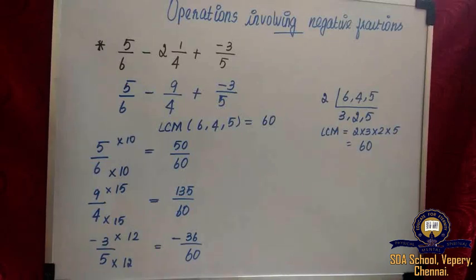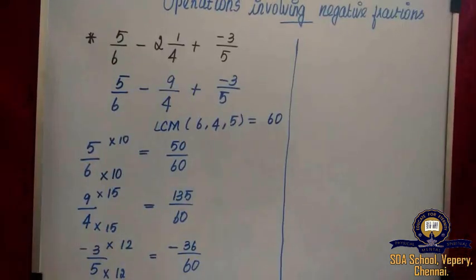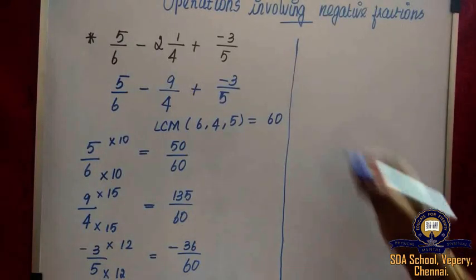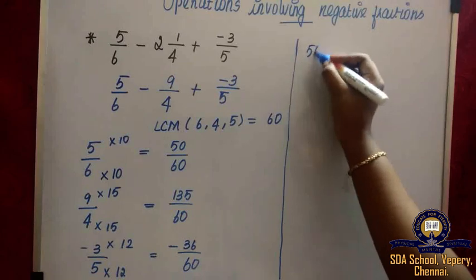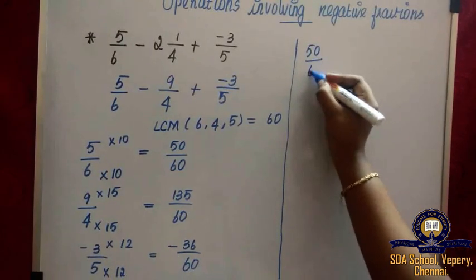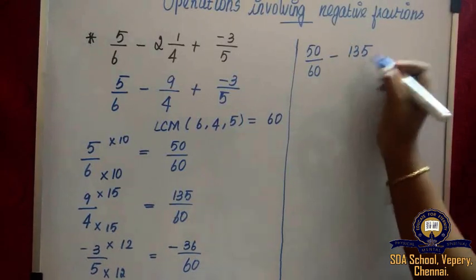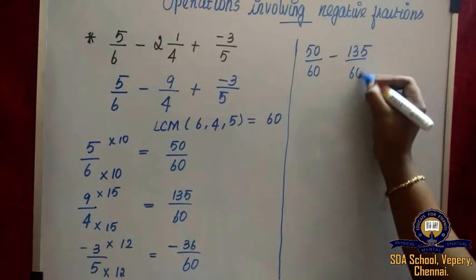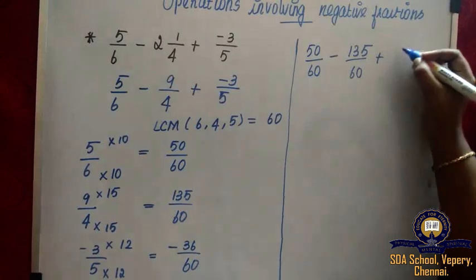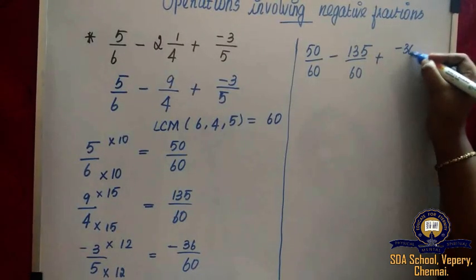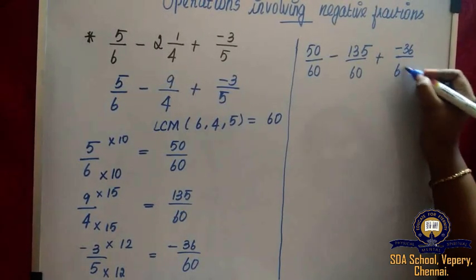So, now we have obtained the like fraction for each unlike fraction. So, we have got 50 by 60 minus 135 by 60 plus minus 36 by 60.